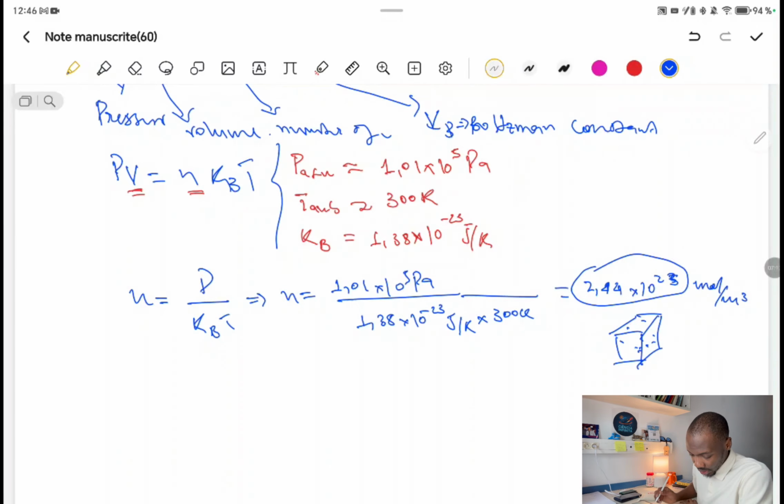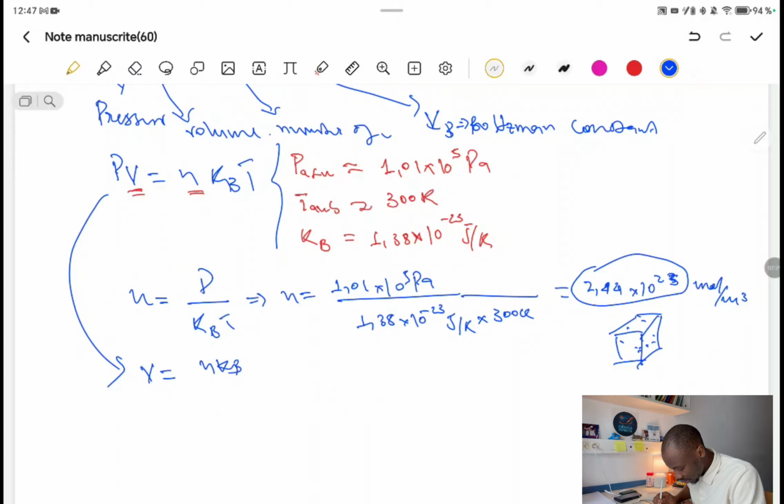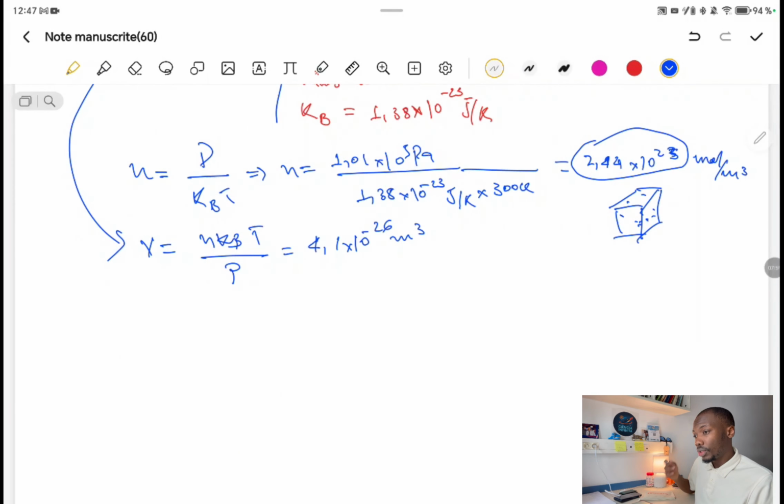And if you go back to the formula here, the volume should be equal to N kB T over the pressure, and then if we do the calculation, it gives us approximately 1 times 10 to the power of minus 26 meters cubic.